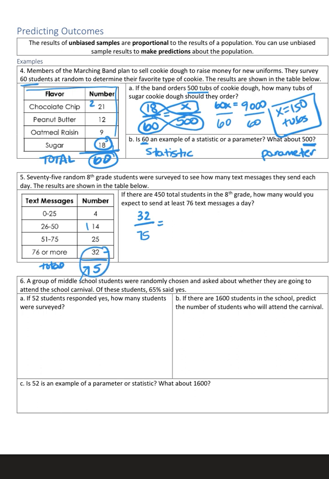And then if we have 450 total, how many would that leave us? So we're going to do 75x, and then 32 times 450 is 14,400 text messages. And we'll divide that by 75. And so we'll get 192 8th graders.